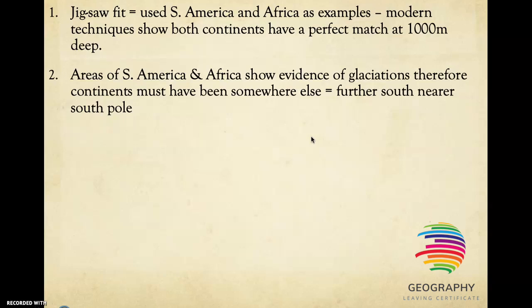As glaciers move over land, they scratch the land in such a way they're called striations, and these scratches mark out the direction in which the glacier is coming from or going. So there's a lot of evidence left behind from glaciers. And South America and Africa must have been somewhere else if there was glaciers. Ireland as well is a good example.